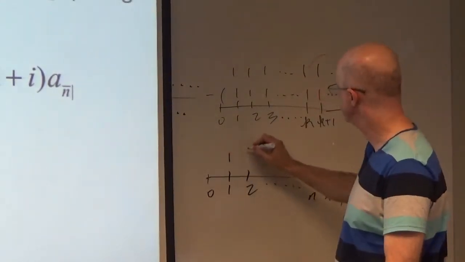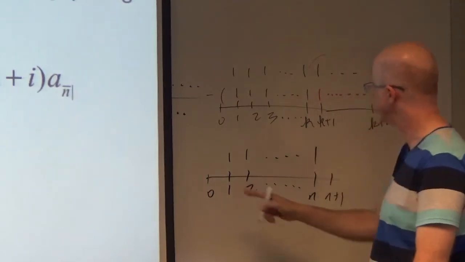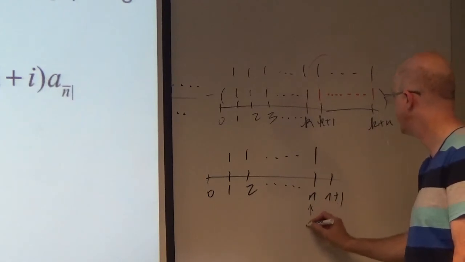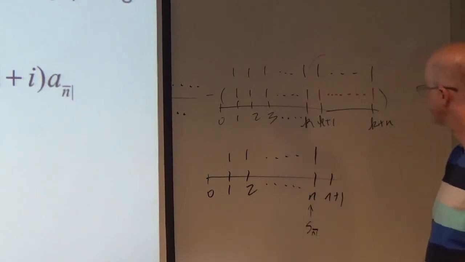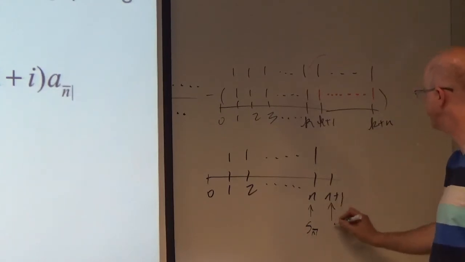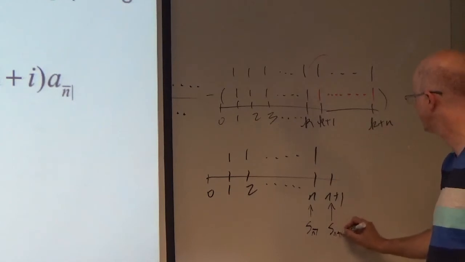If our annuity is n payments, say, starting at time 1, if we evaluate the future value of this as an annuity immediate, it would be evaluated at time n. If we evaluate the future value of it as an annuity due, it would be evaluated 1 period after the last payment, at time n plus 1.